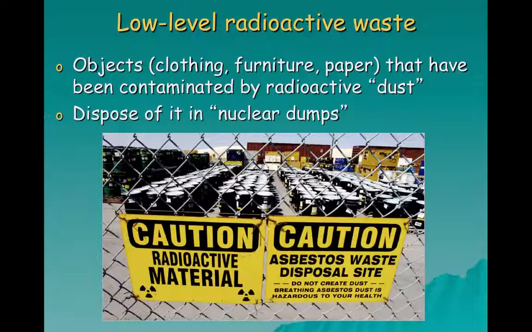This isn't waste that was used in the actual reactor, but it's stuff that's been contaminated. Okay, so this can be dumped in what are called nuclear dumps. So it's things that were touched by or exposed to radioactive materials themselves.